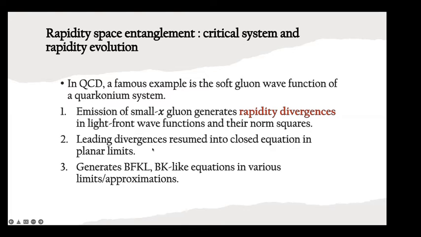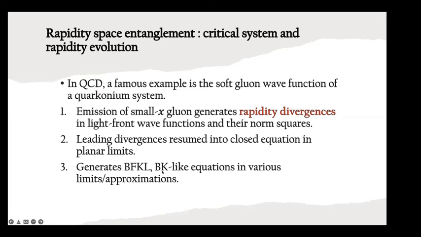And in fact, if you consider some generating functionals for those wave function squares, then you find that the leading divergences, in terms of alpha s times log 1 over x, alpha s times the rapidity gap, can actually be resummed into a closed equation in the planar limit. And this can generate the BFKL equation in the linear approximation.